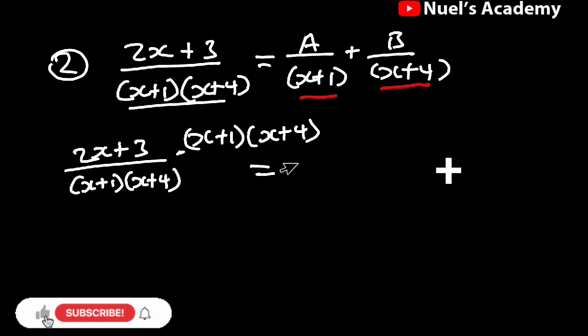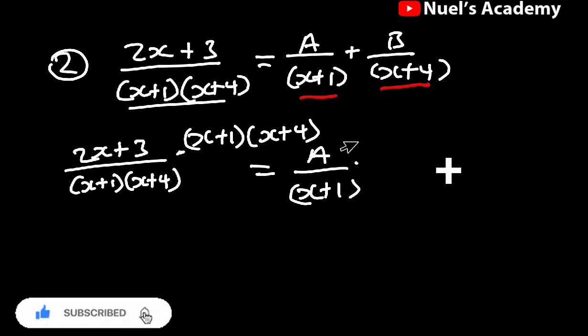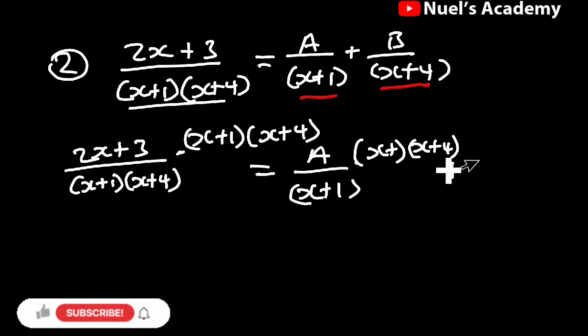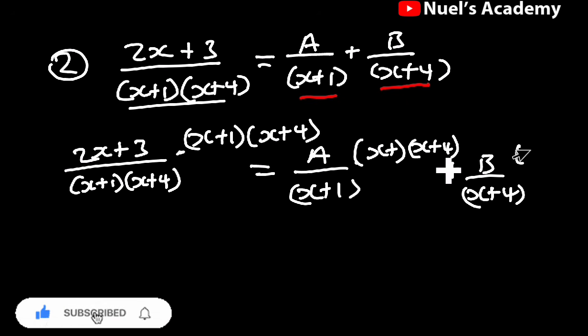Then this is equal to a over x + 1, then multiplied by (x + 1)(x + 4), then plus b over x + 4, then multiplied by (x + 1)(x + 4).